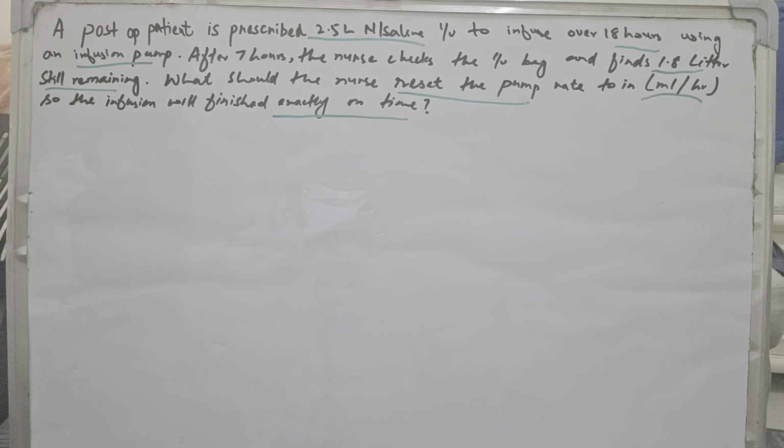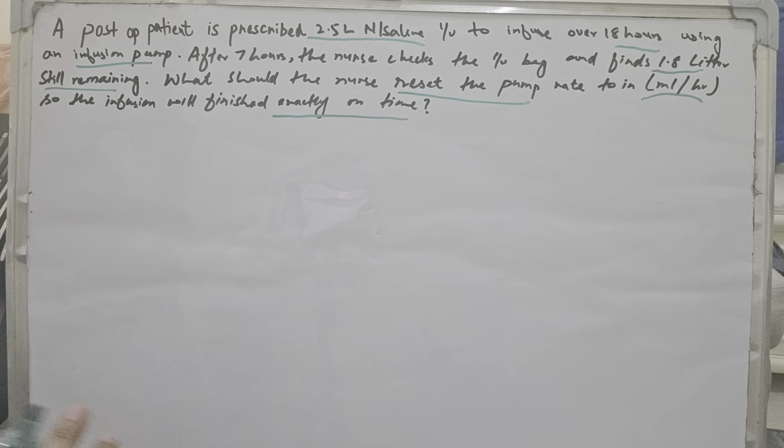After 7 hours the nurse checks the IV bag and finds 1.8 liters, meaning 1800 ml, still remaining. So what should the nurse reset the pump rate to in ml per hour, so the infusion will finish exactly on time?